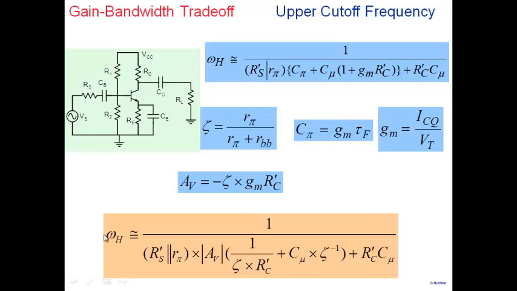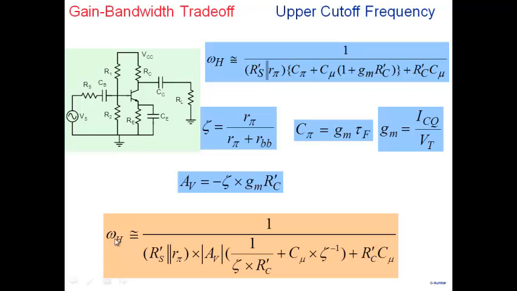All right. But changing RC and increasing gain through that, again, you could do that. But that also comes at the expense of a higher output resistance here. So if you're not going to touch the output resistance, leave it as it is, then the only route to increase the gain is ICQ, and you'll end up causing a decrease in omega h.